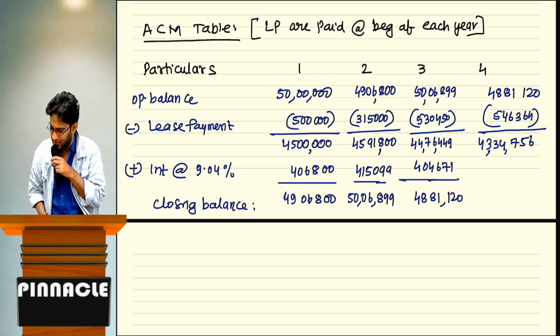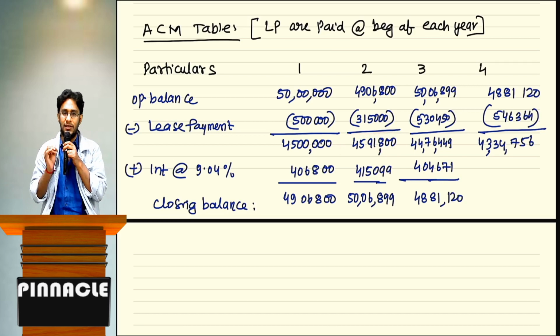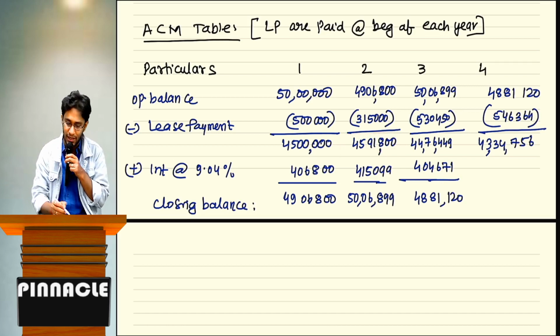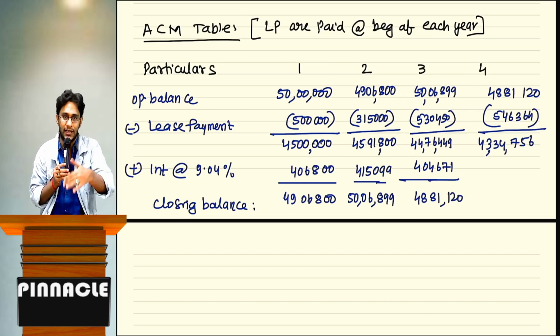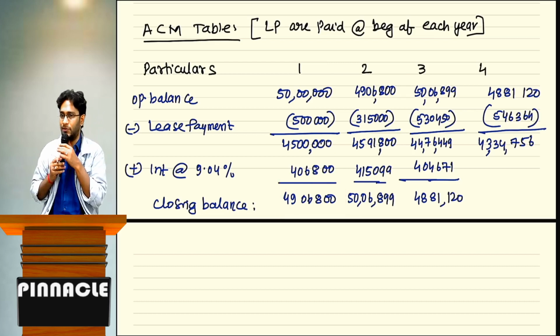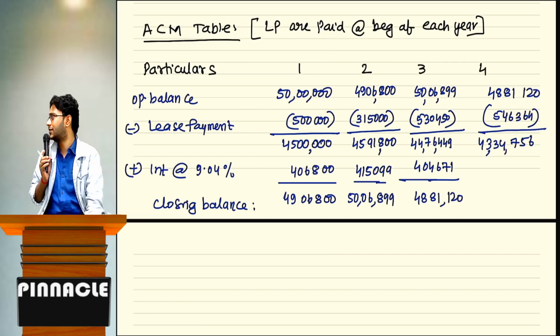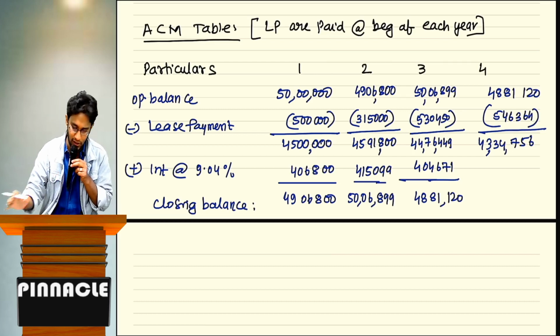First year ending, sir, closing balance, and he is showing 45 lakhs 91,800. When is it coming, sir? After you pay 315. The 315 at the end of the first year I am not paying. When am I paying? Beginning of the second year. So at the end of the first year, technically, when you prepare the balance sheet you will have only this balance. So the answer whatever is printed is not right, sir. But you do what is right. Because later on in some other question you will face trouble. You will learn half of things.